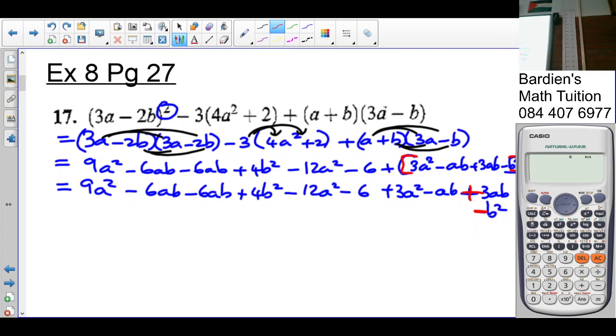So what we do now, we're going to add like terms. 9a squared is a like term to negative 12a squared and 3a squared. Negative 6ab, negative 6ab, negative ab, plus 3ab.